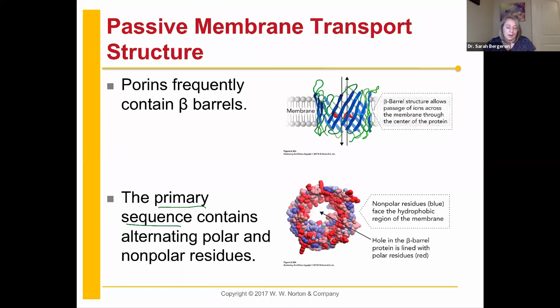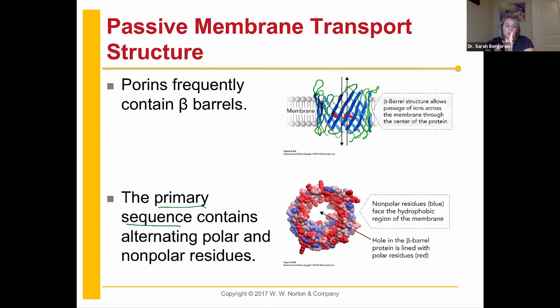And why is that? Because if you have a beta sheet, the amino acids, as they go sequentially, have side chains. One's going to stick out and the next one's going to stick the other way, so they're going to alternate: polar, nonpolar, polar, nonpolar.